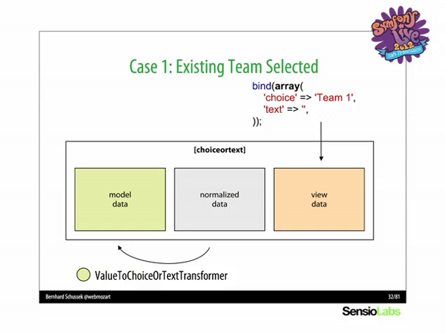This is stored in the choice or text field. It's also stored as normalized format because we don't have a transform between these two. And now we are looking in the value to choice or text transformer whether the value of the choice field is other or anything else, or a list of the choices. Now, we see that it's not other, so we select that value and return it and store it as model data. Okay?